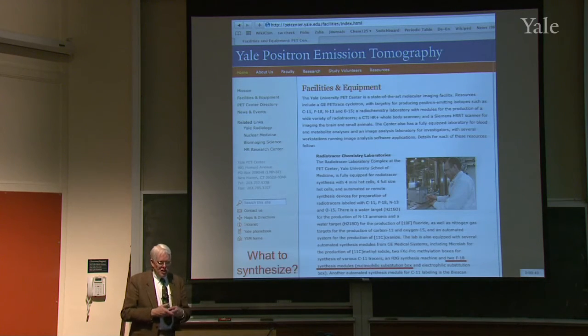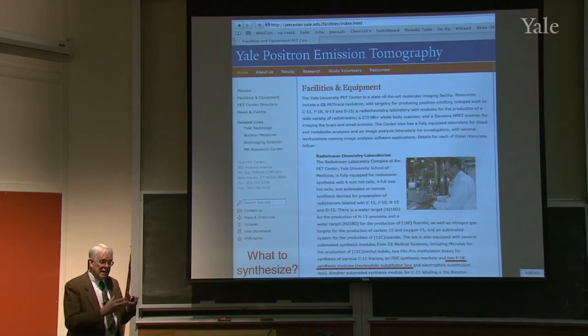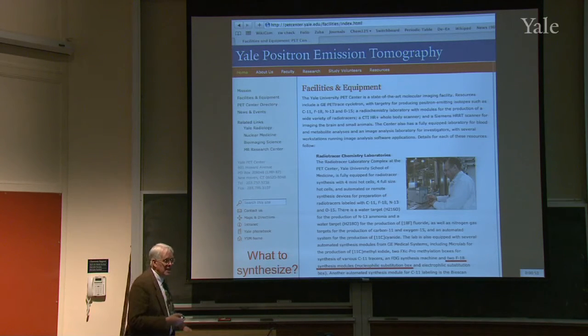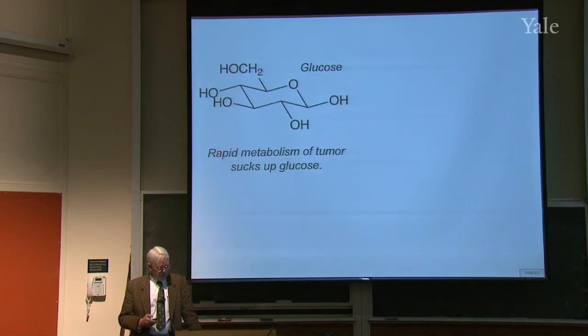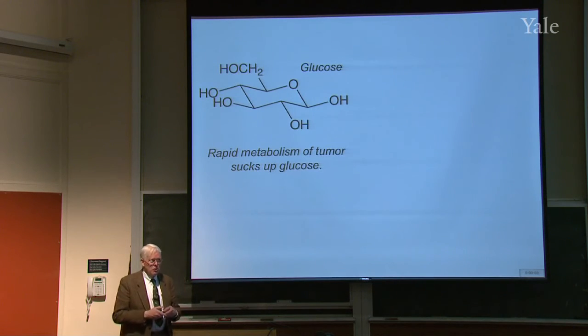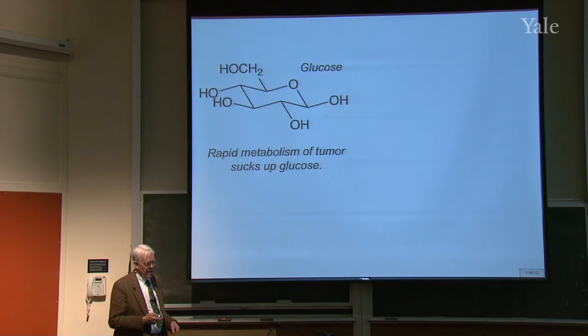Okay, so they have the facility for making this stuff and then doing reactions quickly with it, right? But the question is, what are you going to synthesize so that it will go to a tumor so you can find where the tumor is? And you have to do it really quickly, right? Well, glucose is the basis of metabolism, and tumors are growing rapidly, so they really snarf up glucose, okay?